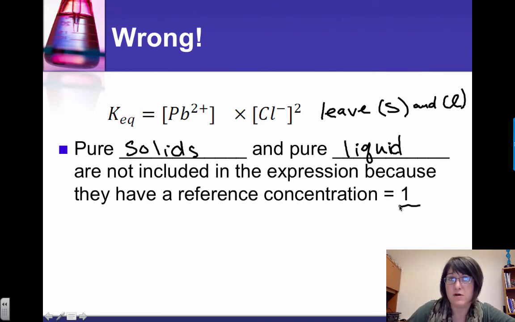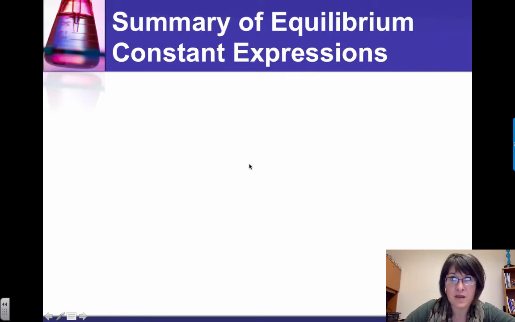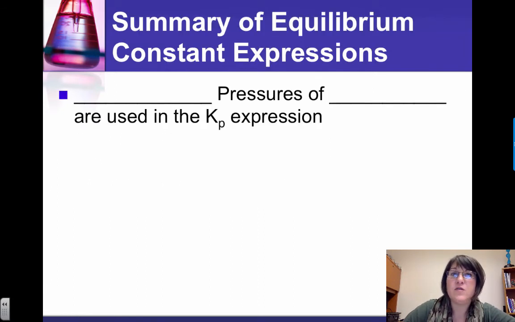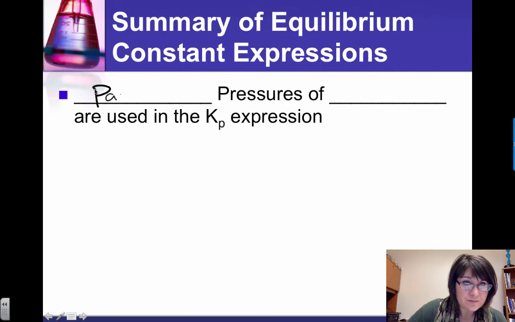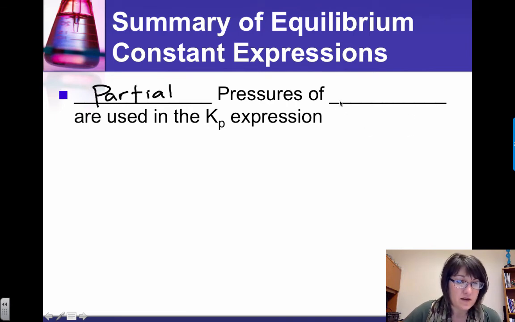It's just all that same stuff all the way through. And so if you put a 1 in the denominator here, you're not really changing anything. So we get to leave that out. So when we're looking at equilibrium constant expressions, remember, we use partial pressures of gases that we calculate.